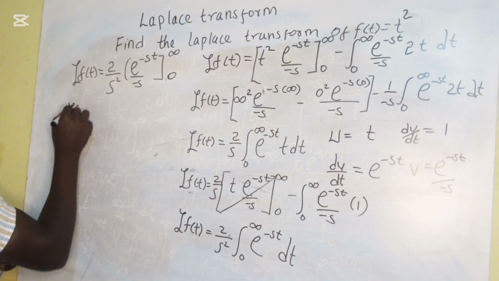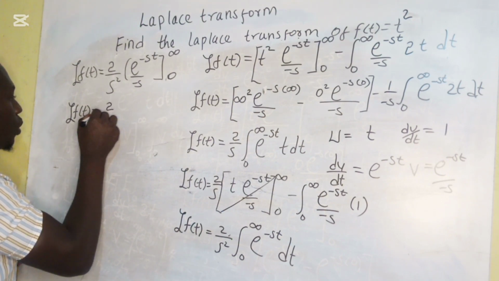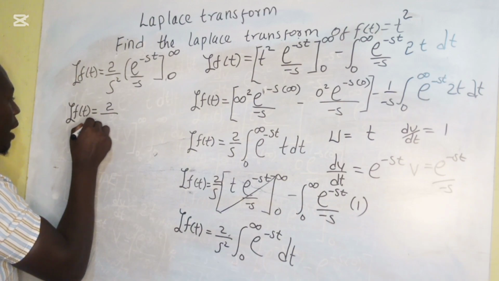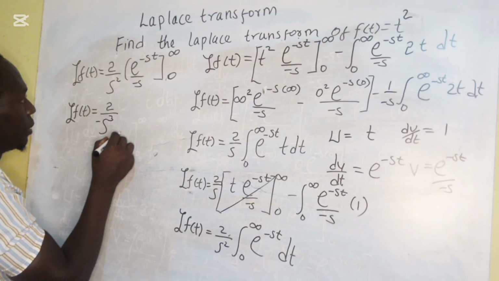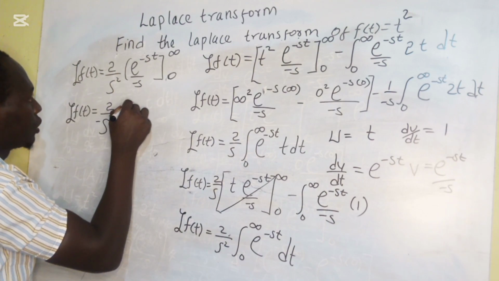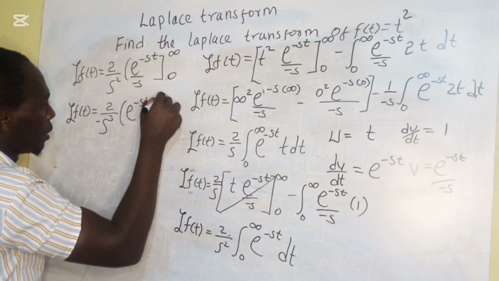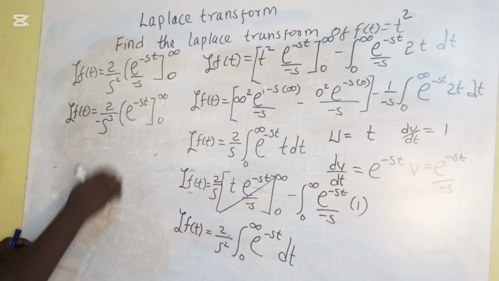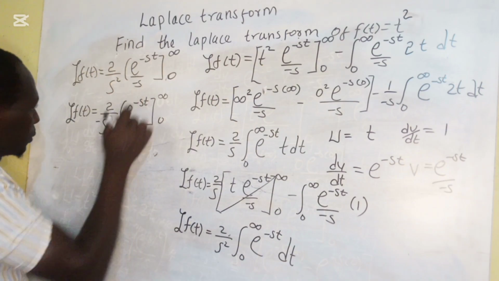Now, the Laplace transform of our function f of t is going to be equal to 2 all over a negative s cubed into exponential negative st. We have our limits. We've only factored whatever we are having here out.